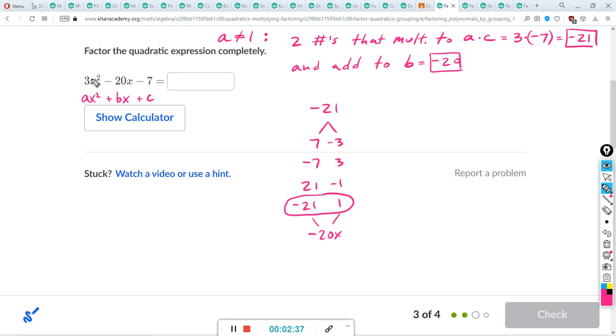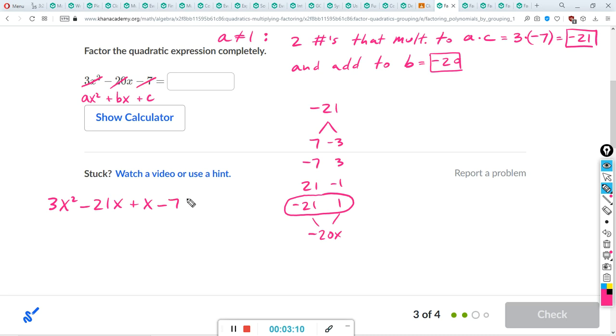So we have the 3x squared, and instead of negative 20x, I'm going to write negative 21x plus 1x, or you can just say plus x. And then at the end, we just have the negative 7 left over.